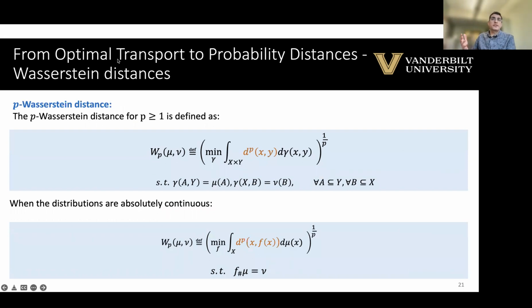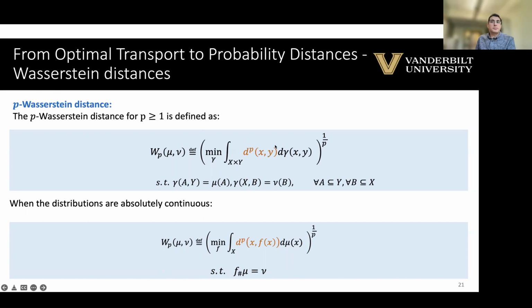The theory of optimal transport gives birth to the Wasserstein distance, which is a distance between two probability measures, right? So what is this Wasserstein distance? If we simply define or calculate our optimal transport problem and look at the minimum value, given that our cost is d to the p, and the only thing that we require is that this d is a distance between x and y.